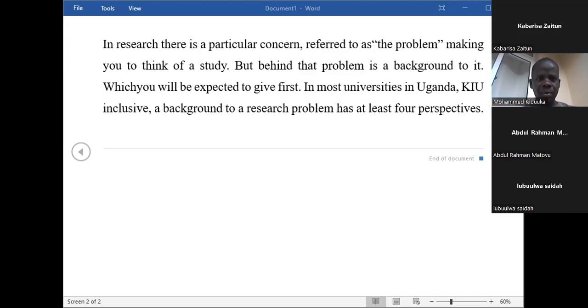The example was waste management, poor waste management practice, in terms of how waste is poorly disposed of. Yes, I understand that.